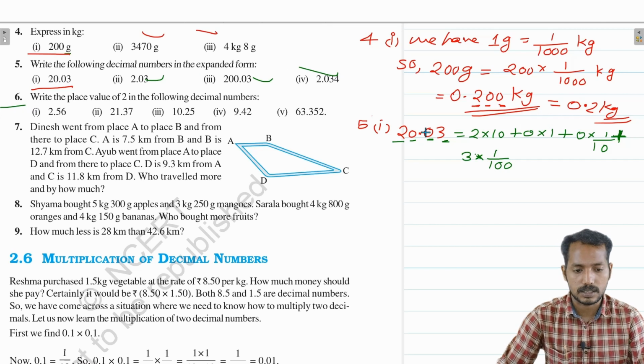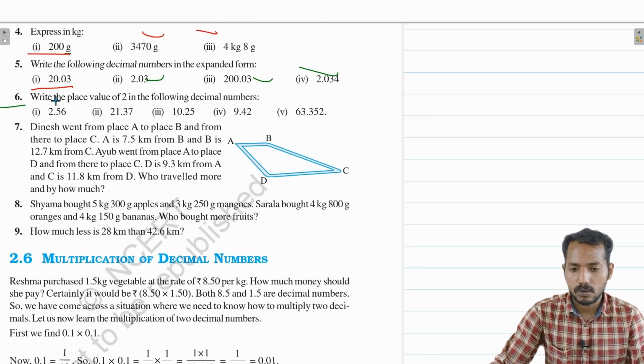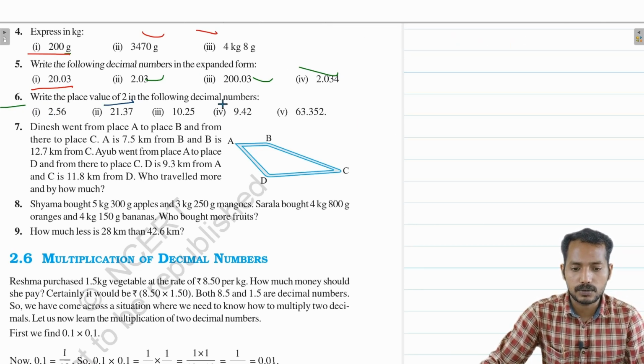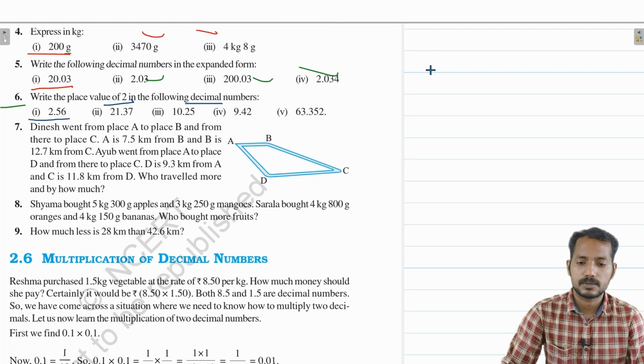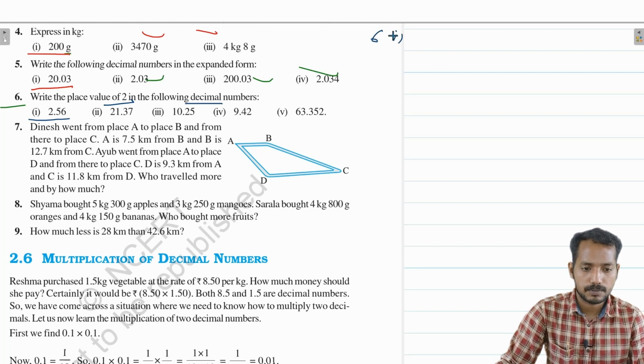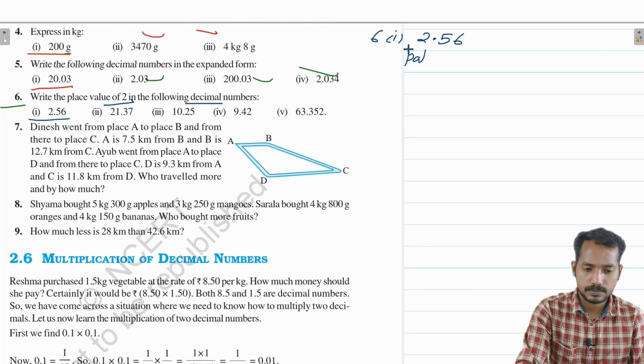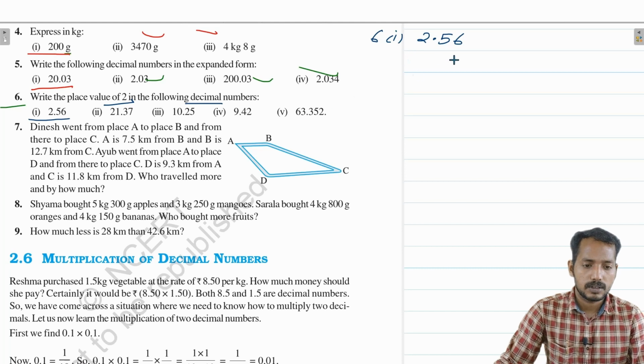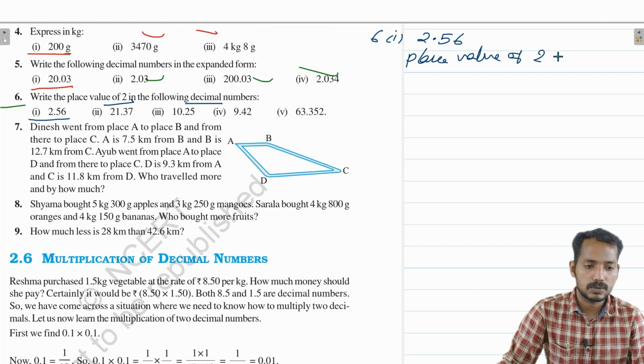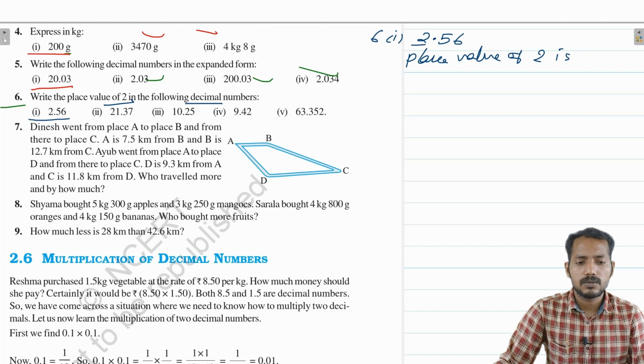Next question, question number 6. Write the place value of 2 in each of the following decimal numbers. Here, first option I am taking: 2.56. So the place value of 2 is, very simple one, ones.